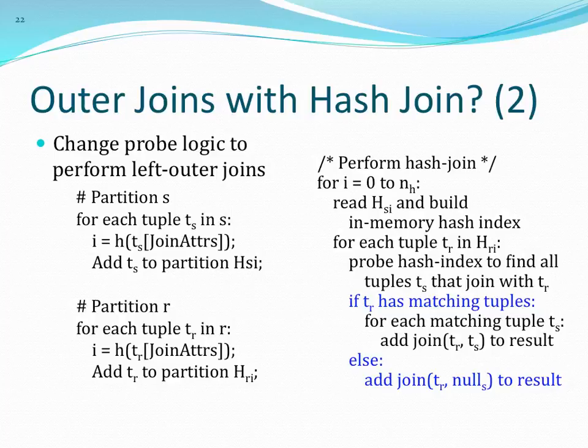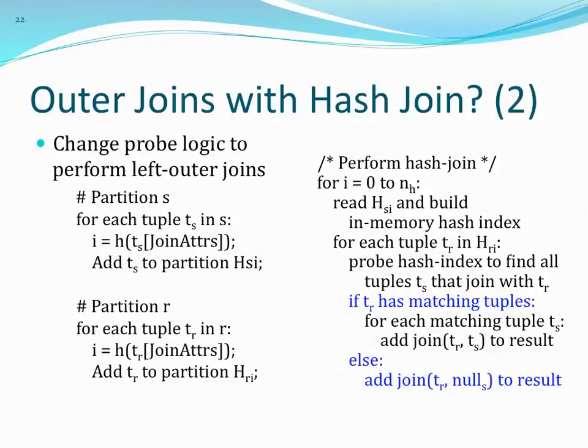What about my in-memory hash index? If I just tweak it a little bit to know what's been hit when I do my probe, like this got probed, so everybody's got a probe flag now. And so if something never got hit during the probe phase, I know there's no tuples in HRI that match those tuples in HSI.